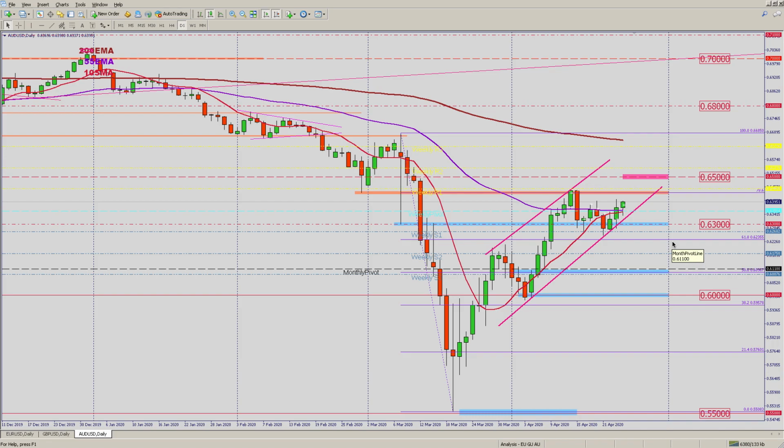All right. The RBA last week announced on Tuesday that it will just maintain the interest rates for a couple of years. So after an initial dip lower, it managed to recover.